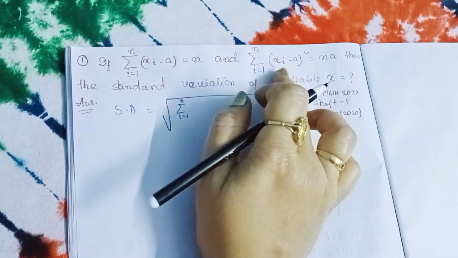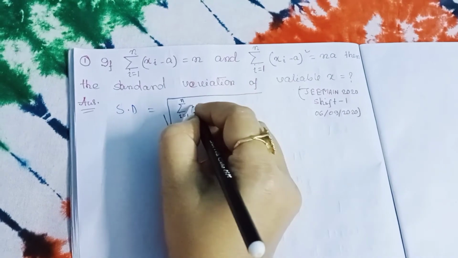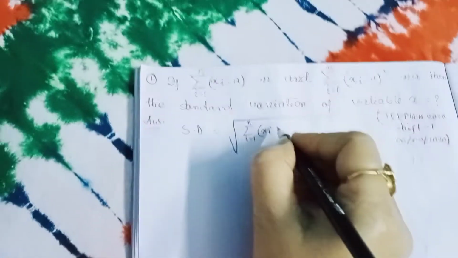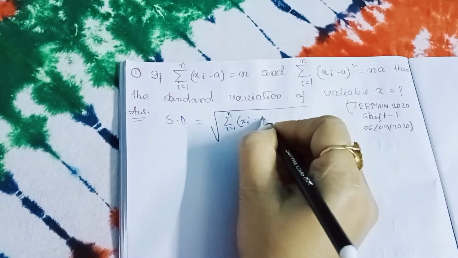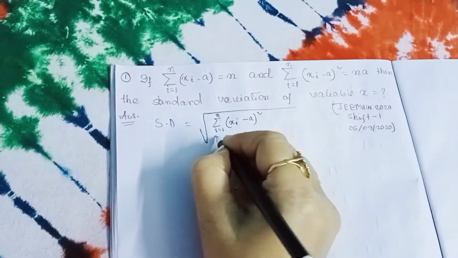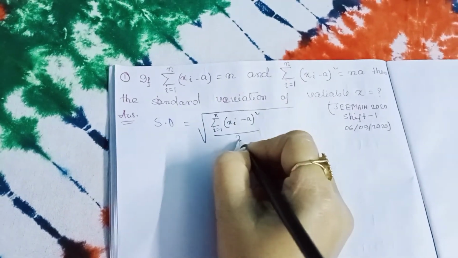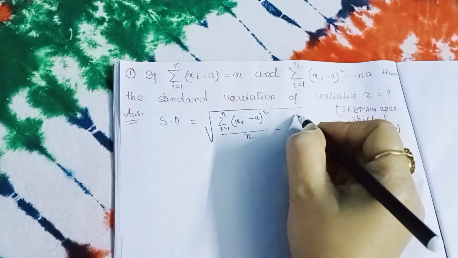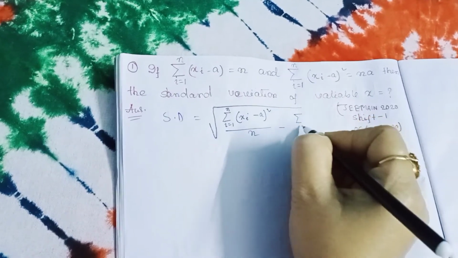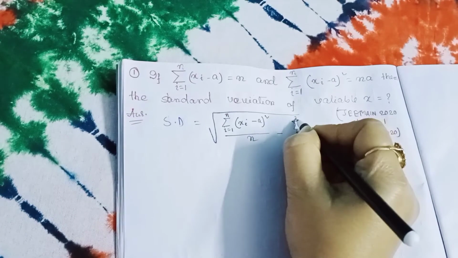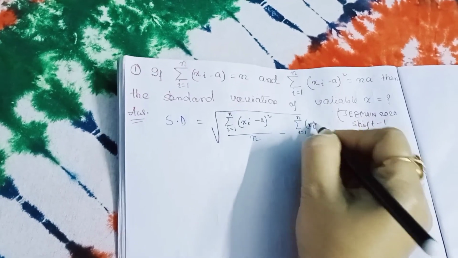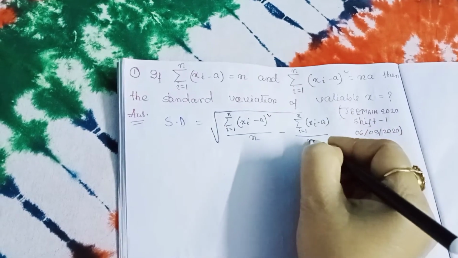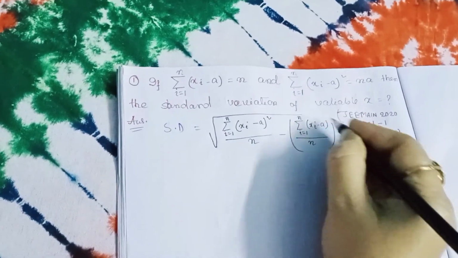Taking this as the first term, summation i equal to 1 to n of (xi minus a) whole square divided by n, minus, putting the second term, summation i equal to 1 to n of (xi minus a), divided by n, this whole square.